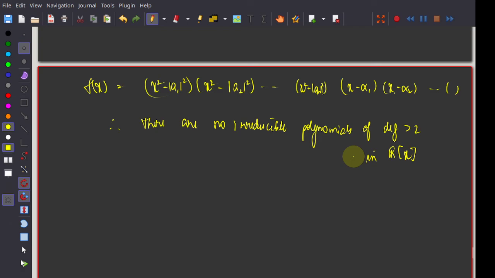And we'll see a little later on, when we see how to construct fields from polynomials, that the set of complex numbers can be constructed from the set of reals. The field of complex numbers can be constructed from the field of real numbers using a particular mechanism, and you can describe that using polynomials itself.